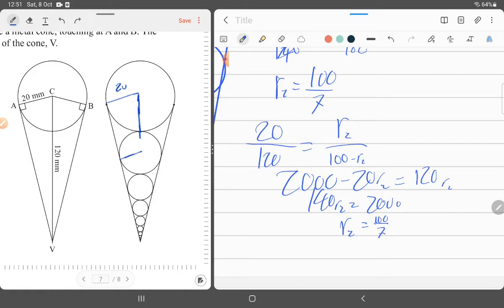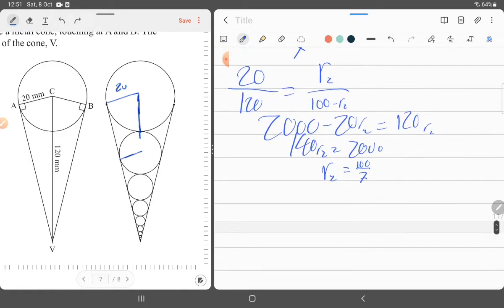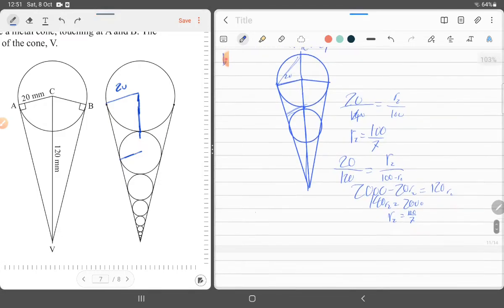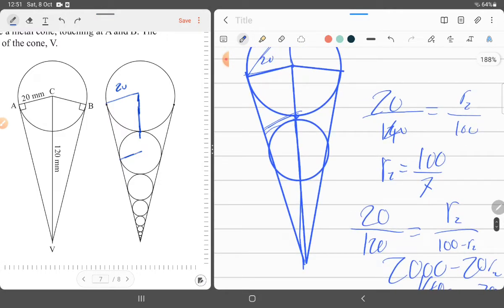Okay. Then this is 100 over 7, so this half length is 100 over 7. This whole length is 100. Right, let me just create the third.